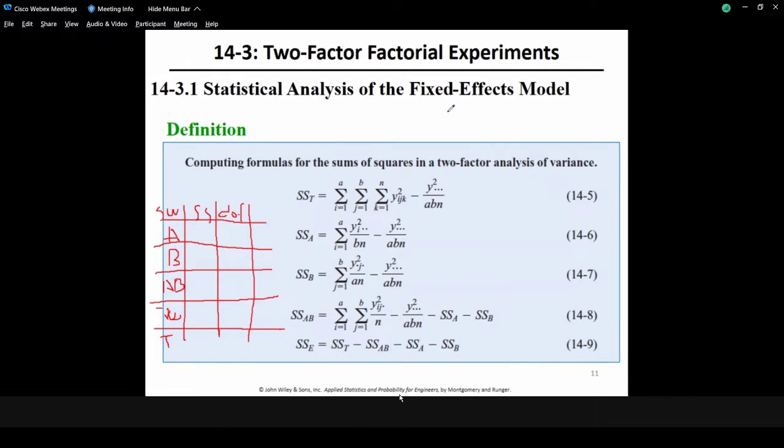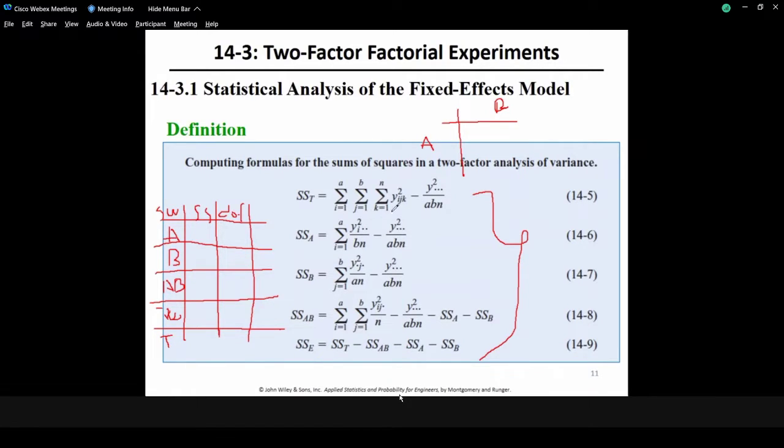The data collection sheet is like this. Remember the data collection sheet. This is factor A here, this is factor B here, and then the formula is this. So I hope by now you practice how to calculate manually the ANOVA for two factors using all this big formula.